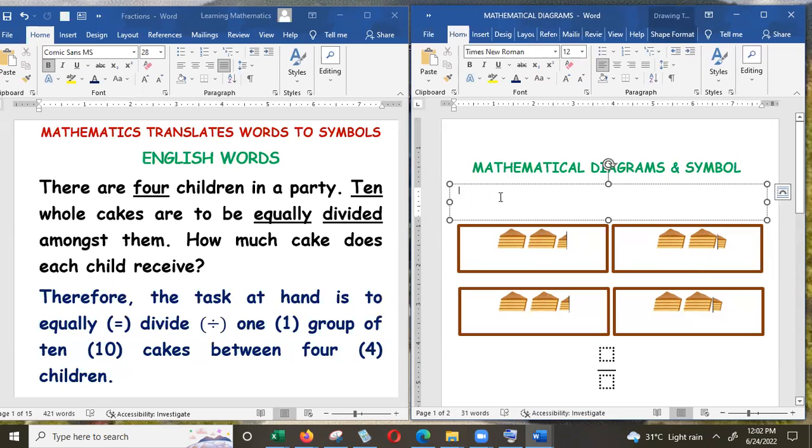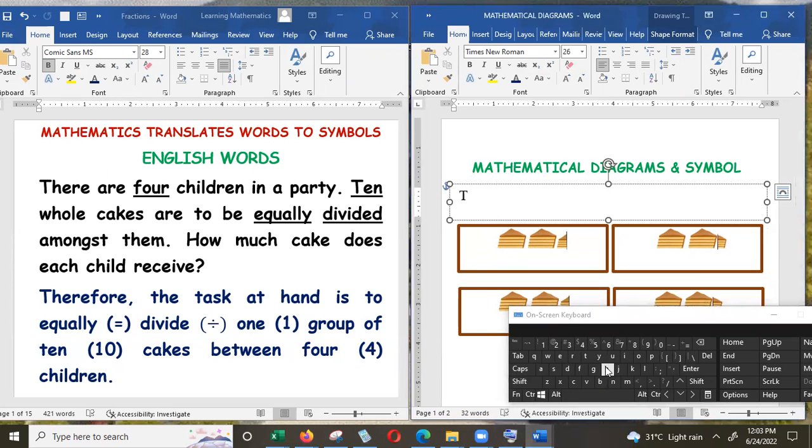So therefore we can say each child received 2, and here's a symbol for 2, whole cakes.